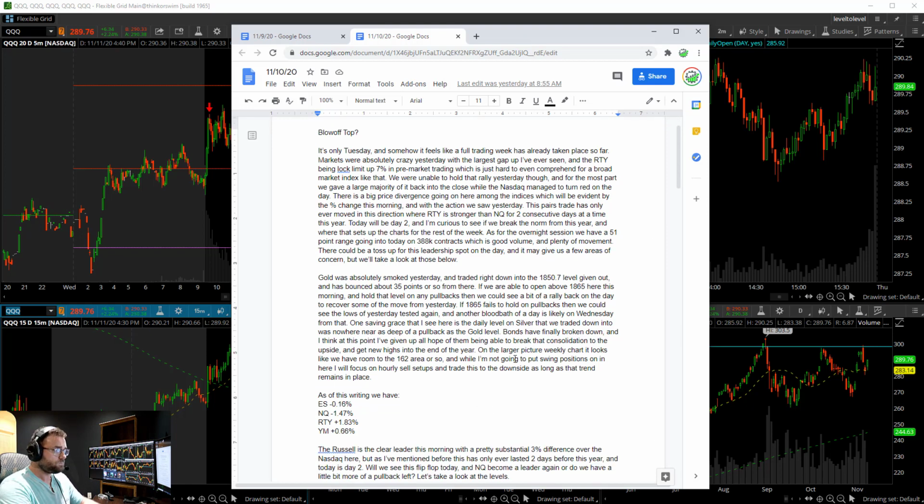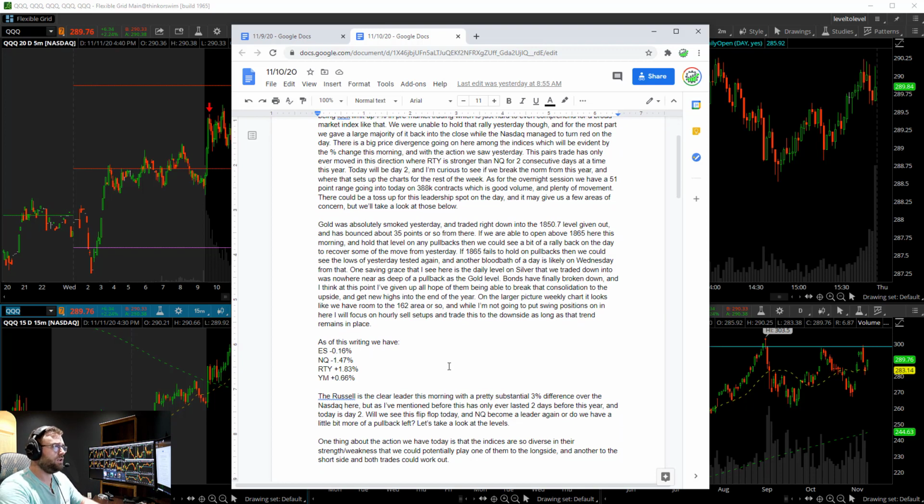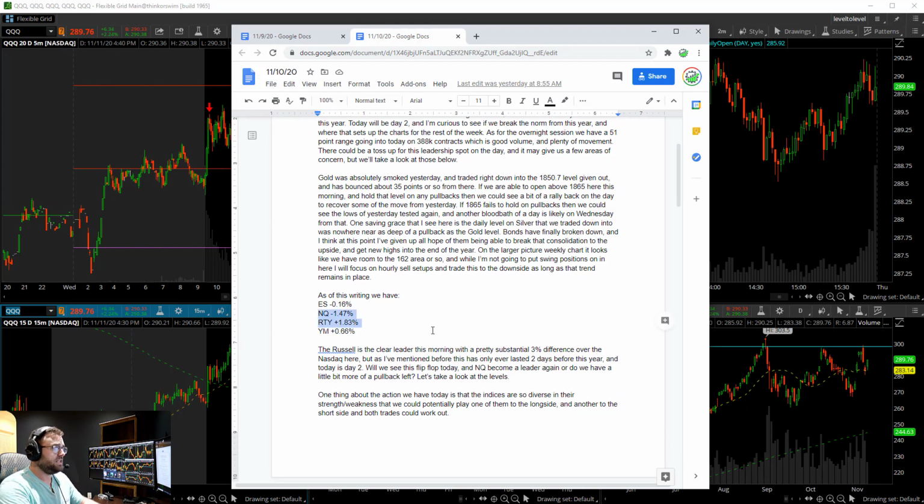Now, we go over into the 10th here, which was Tuesday, yesterday, and this is when I put this position on, and I watched it throughout the whole day. You could see Nasdaq here was down 1.47%, while the Russell was up 1.83%. So that's a little bit over a 3% difference in price between those two.